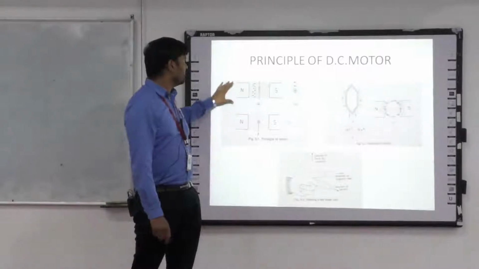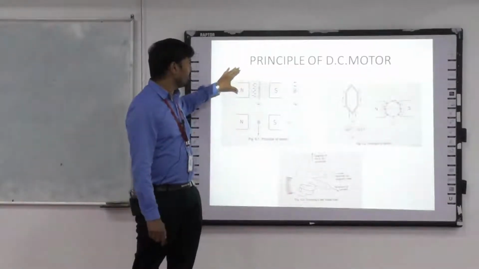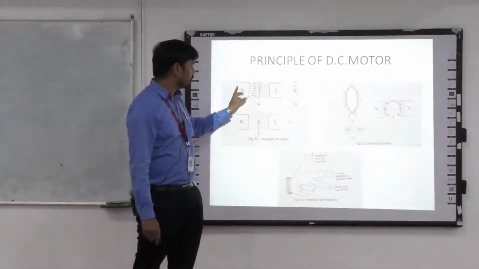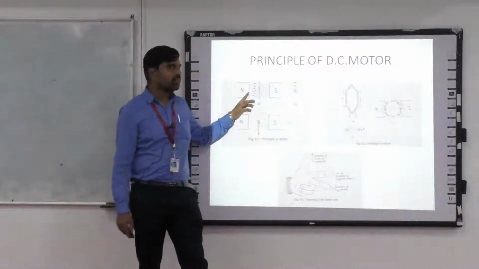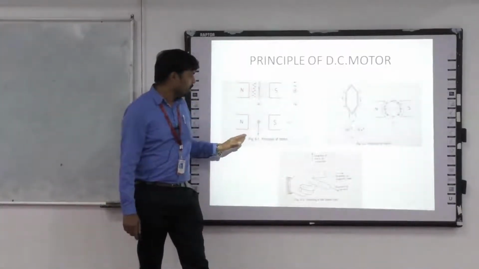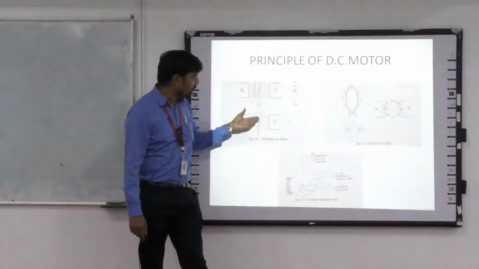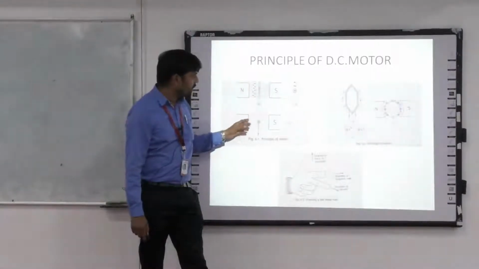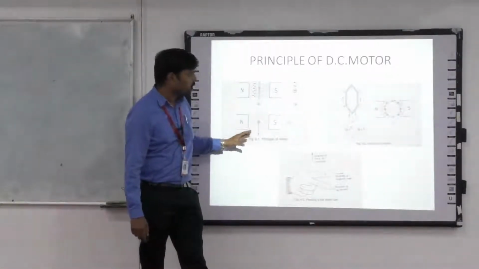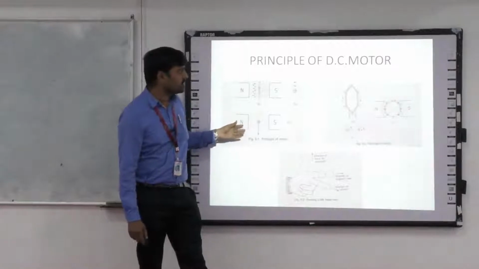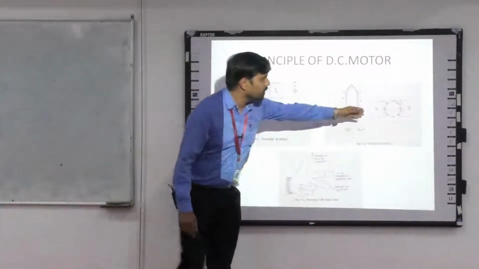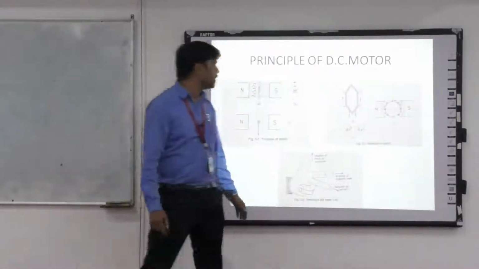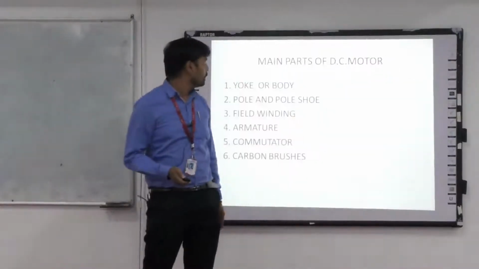Here the magnetic lines of force travel from north pole to south pole. When we pass a current, an electric flux is also there, which makes the main flux deviate. This causes a twisting movement, which comes in the form of rotation. This is the principle of a DC motor.